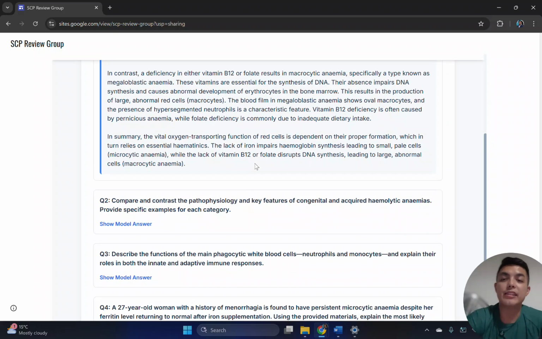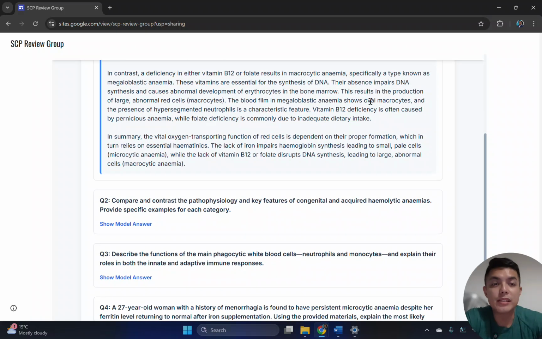So, in contrast, a deficiency in either vitamin B12 or folate results in macrocytic anemia, specifically a type known as megaloblastic anemia. These vitamins are essential for the synthesis of DNA. Their absence impairs DNA synthesis and causes abnormal development of erythrocytes in the bone marrow.